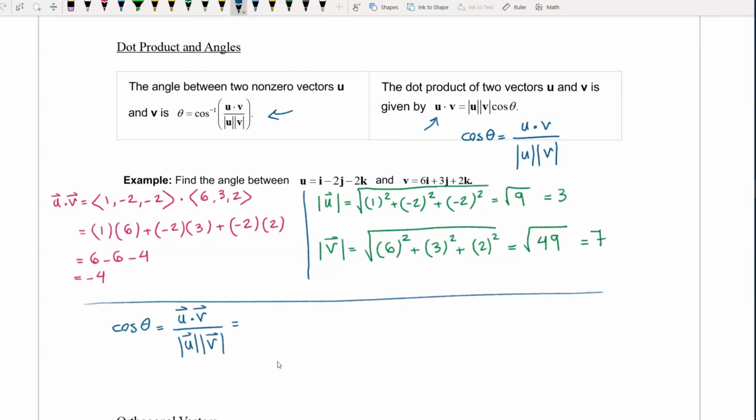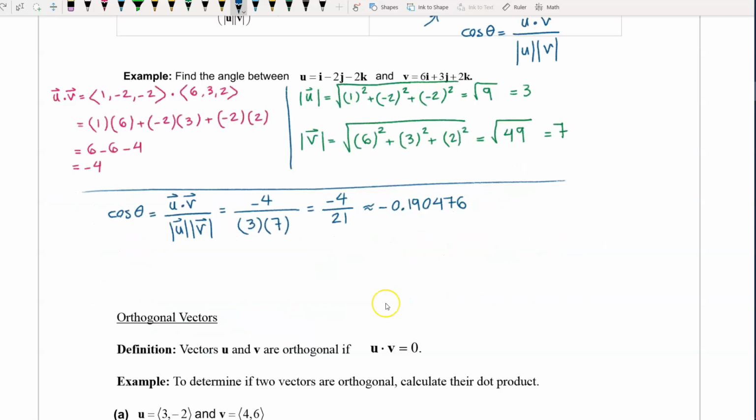Now finding cosine, this is equal to u times v divided by the length of u multiplied by the length of v. For u times v, we have -4, the length of u is 3, and the length of v is 7. So -4 divided by 21 is -0.190476.